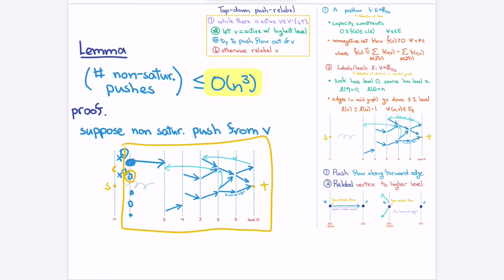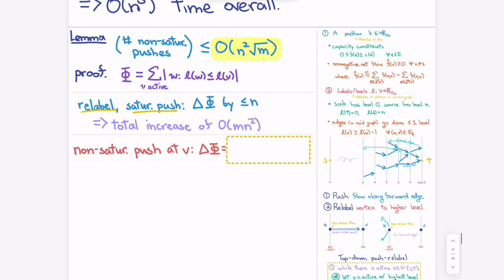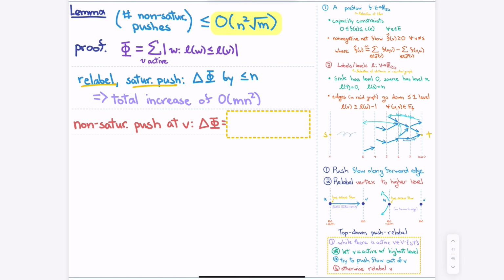When you do a non-saturating push, this will no longer be active, but this one might become active. Let me draw a different color. This one becomes active, so it's going to add this one back into the term. If you subtract out the yellow but add in the purple, you're going to go down by however many vertices are here. This one we're actually going to be a little bit more careful and not just bound by n or 1. It will always be the number of vertices at the same level.